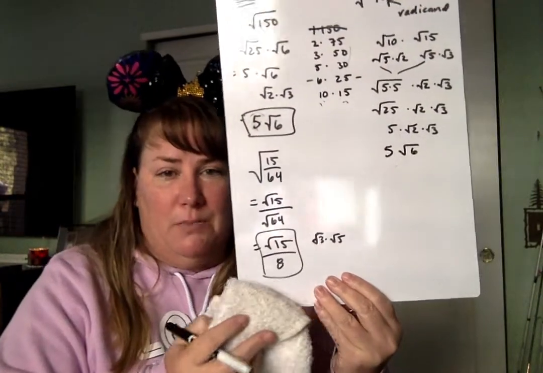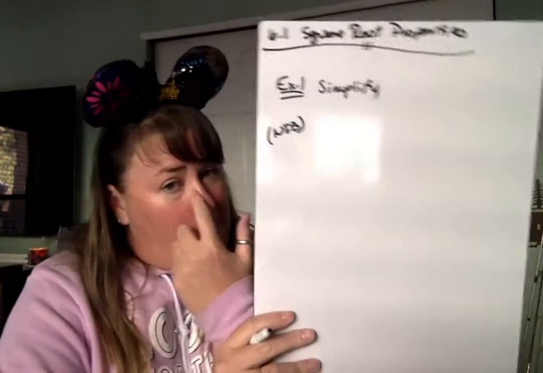Now, we're going to pick some other random numbers. Let's break them down. And this is going to be NIB, not in book, because I'm just going to start picking numbers. We're still going to simplify, though.